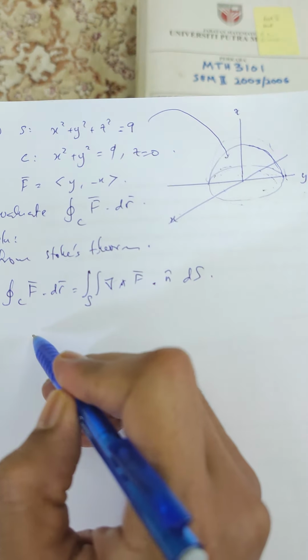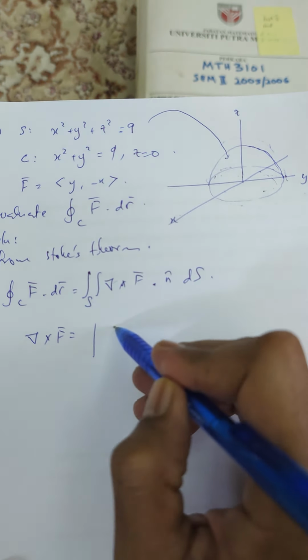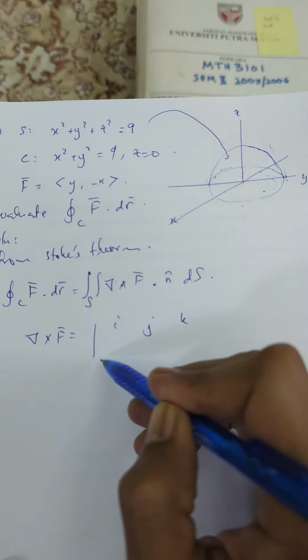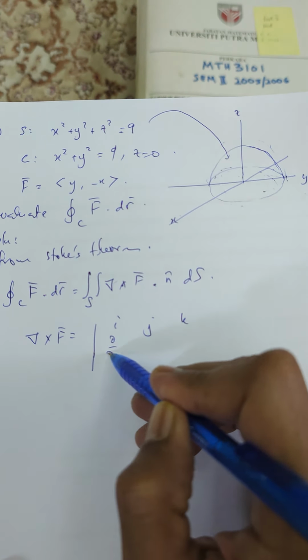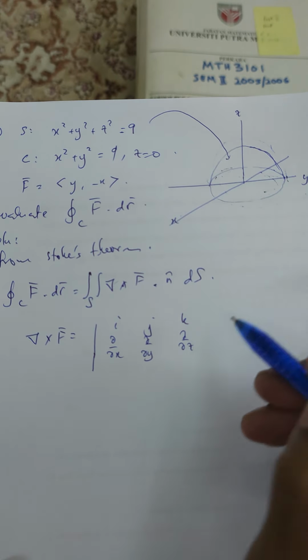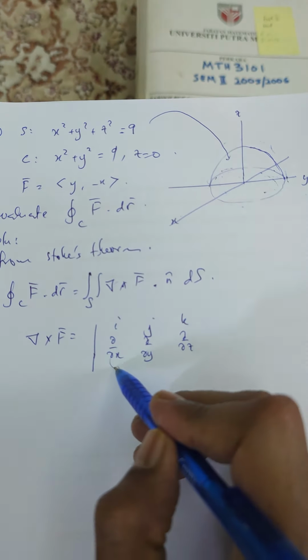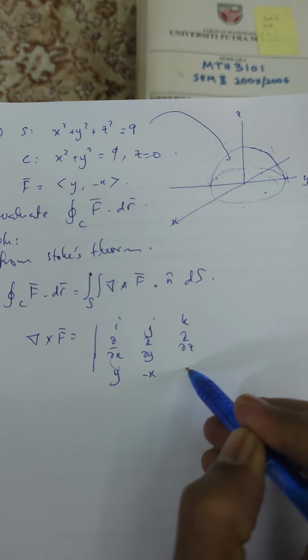If you find the curl of f, that gives you i, j and k, and we have del x, del y, del z, and your f is y minus x. So we have y minus x, and this one is 0.